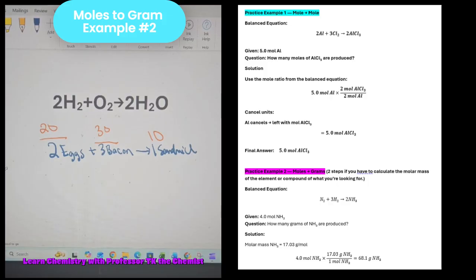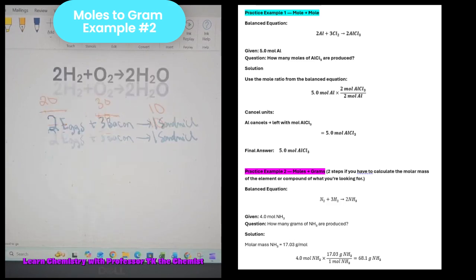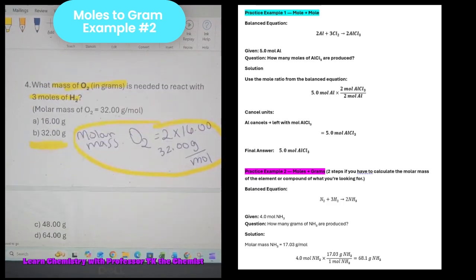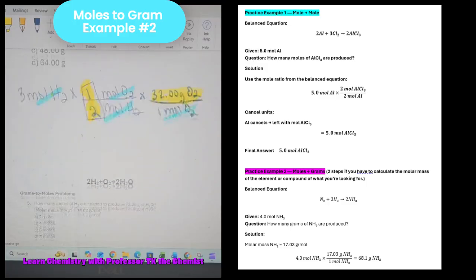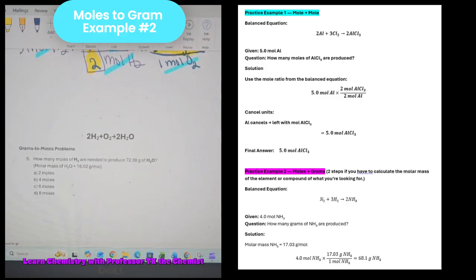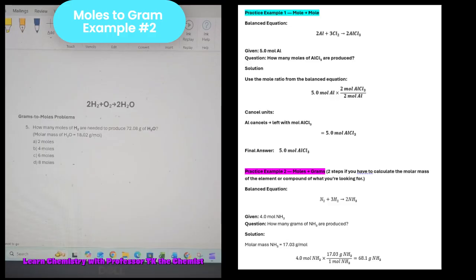That's a whole nother funky type of equation. But that's where you get into grams though. So if we go back up here, y'all, I'm trying to make sure y'all get this. That's why I am passionate about how I'm explaining this stuff to y'all. So let's go back over here, because next up, we got grams to moles.